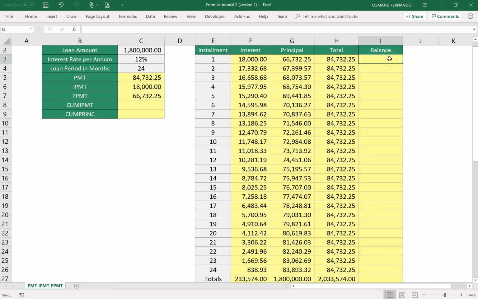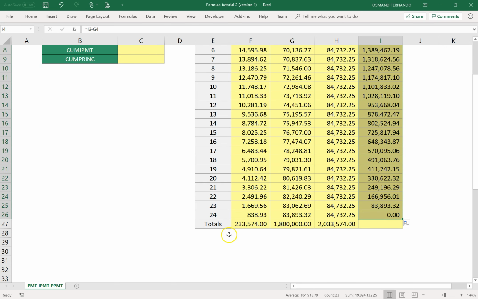Now you want to get the balance of the capital. So equal 1.8 million minus the capital portion here. After that you provide this cell minus the capital portion of the second installment, and then using the fill handle, copy it and you will see that at the end of the 24th payment the balance will be 0.